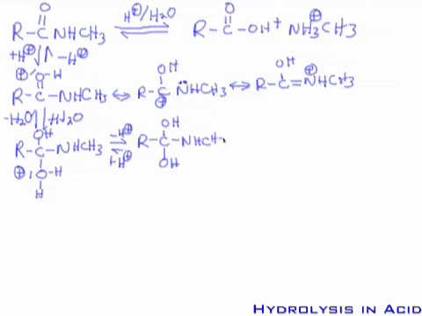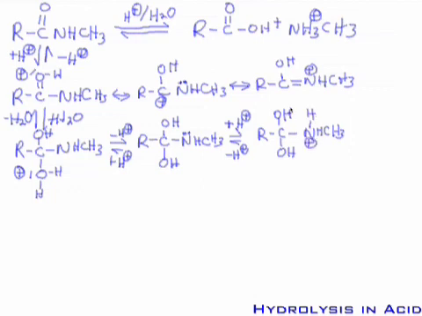We're in acid, so we can now protonate the lone pair on nitrogen. Plus H plus. Going back's minus H plus. We'll get RCOH, OH, NHCH3, which now has an H on it, so it's positive, a better leaving group.